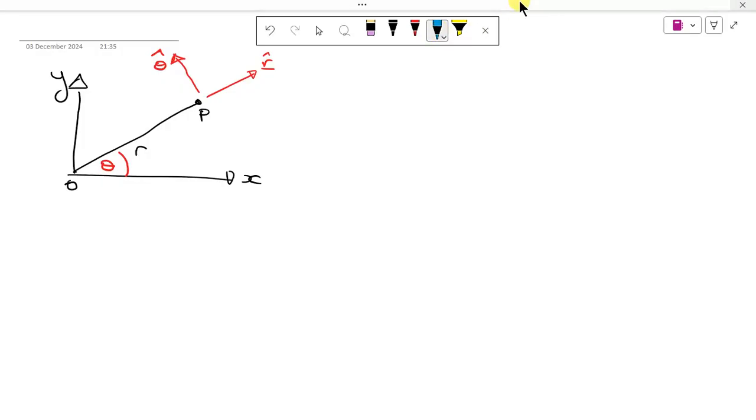So if we draw a horizontal component out here like this, that's not perfectly horizontal, is it? So along here is our horizontal component. That's parallel with the x-axis. So we know that that angle is theta there.